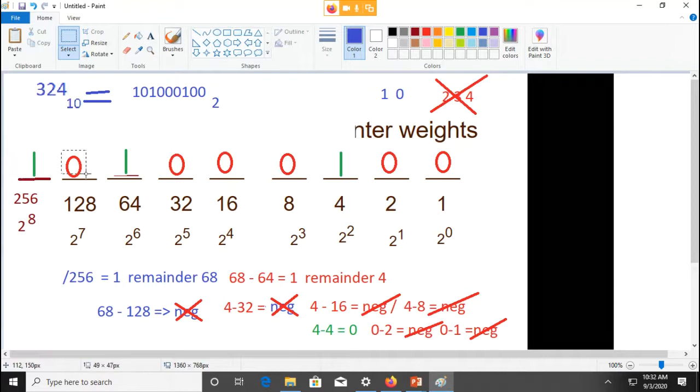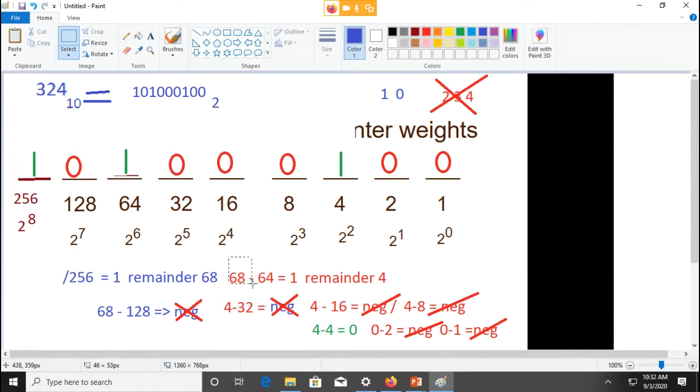Then we subtracted 128 from our remainder of 68, and we found out that we couldn't do that, right? 68 minus 128 gave us a negative. So that put a 0 in the 128 column. Then we look at the next, which is 64.